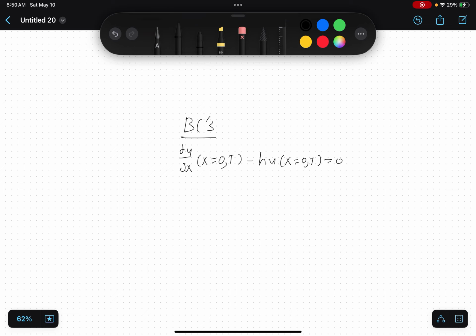This is a nasty boundary condition, but the idea is if you can do this problem, you can do any separation of variables problem. So, that's the first boundary condition.